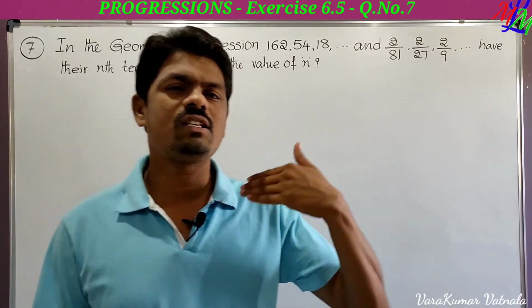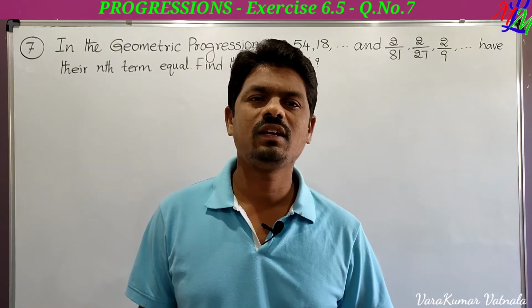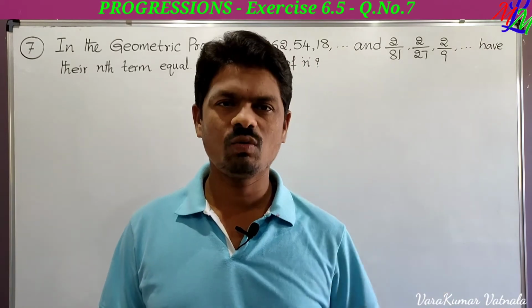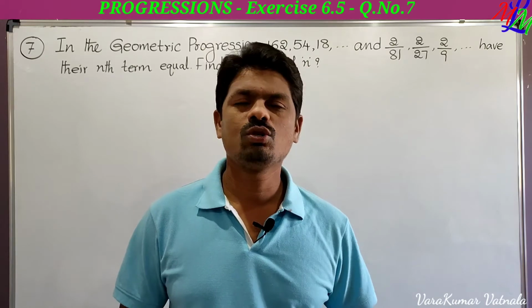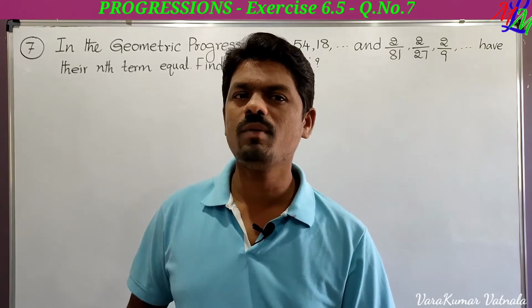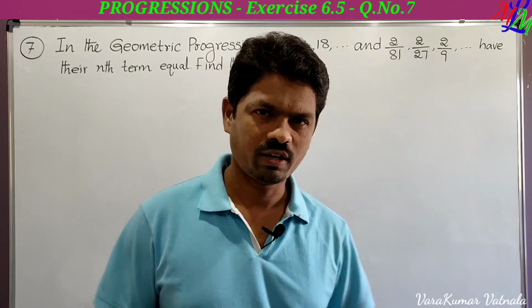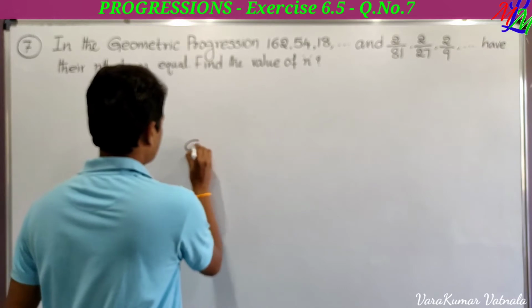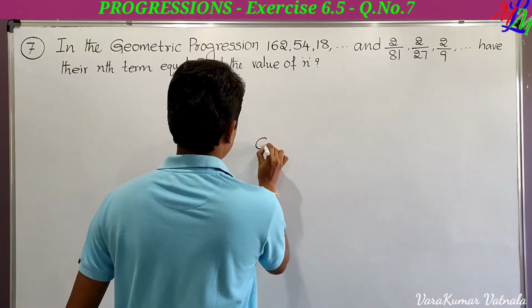So here he has given two geometric progressions. He is saying that the nth terms of the given two geometric progressions are equal. Then find the value of n, he is asking. Just before going to solve the problem, we have to analyze what he has given and what we have to find. There are two geometric progressions, GP1 and GP2.